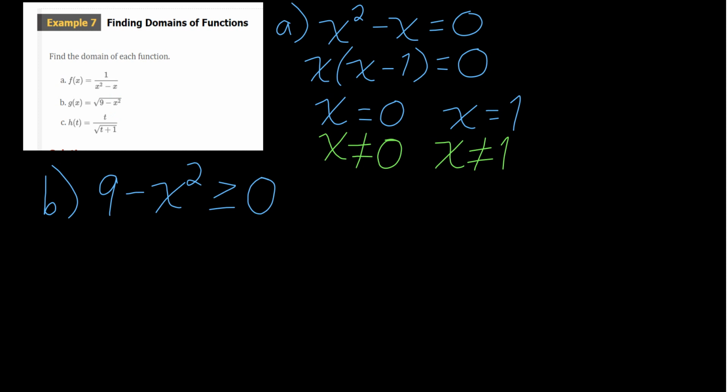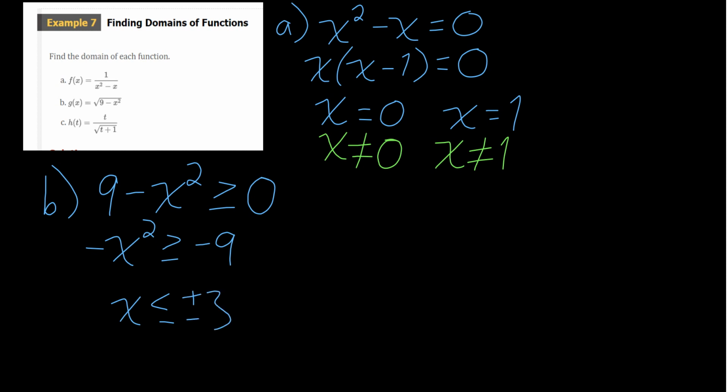My domain has got to be greater than or equal to 0. So when I solve for this, negative x squared is greater than or equal to negative 9, and therefore x squared is less than or equal to 9, and then we take the square root, so x is between plus or minus 3.